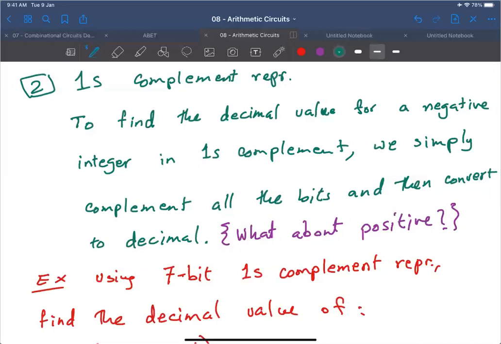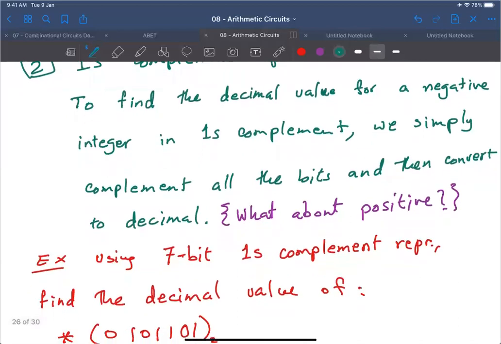All representations represent positive numbers in the same way, which is the normal unsigned way, except that it has a 0 in the leftmost bit.